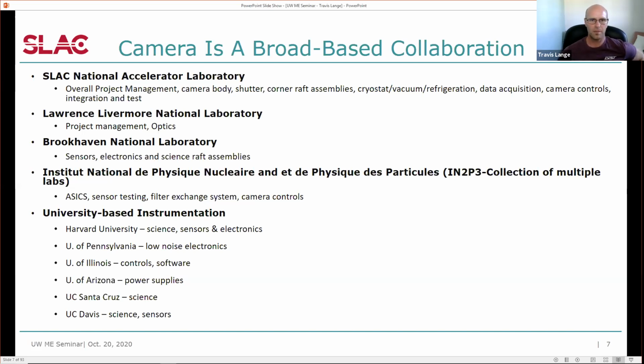And then we have a partner institution in France, IN2P3, and they are mostly responsible for handling the mechanical design of the filter exchange system. Talk about that a little bit more, and a lot of sensor level testing. And then we have a lot of universities who are also big partners in what we are doing. I don't have the University of Washington on here. I apologize. That's actually a big part of the observatory itself. It's not actually a big part of the camera.